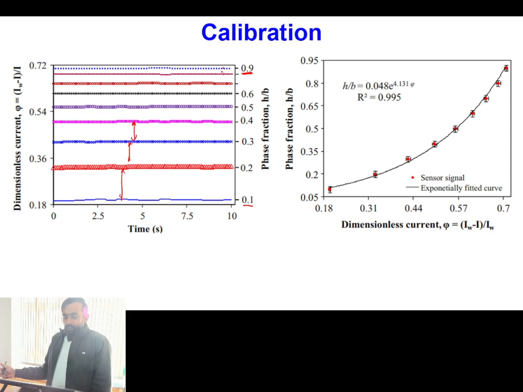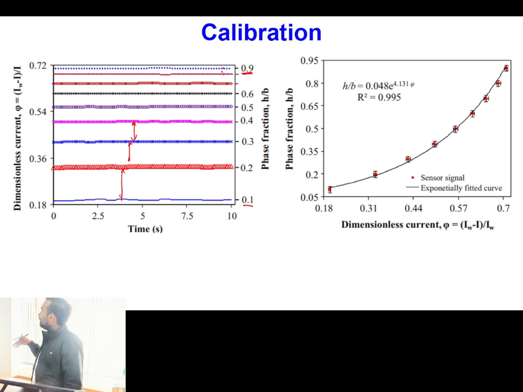Now what we need to do is utilize this signal for fitting our interface height arbitrarily. If we have any random signal known, how can we utilize that signal to reconstruct the interface profile?